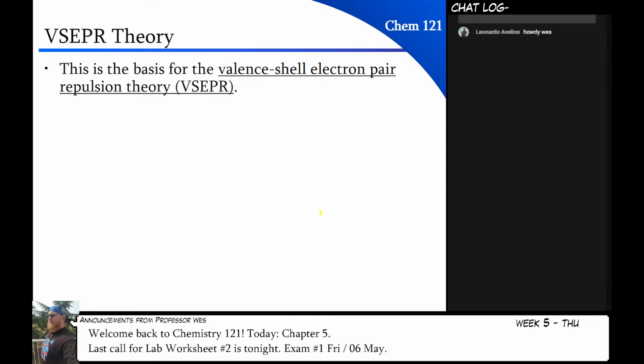All right, and so this is called VSEPR theory, or valence shell electron pair repulsion theory. Now, what the heck does that mean? You actually know all these words, believe it or not. Valence shell means that we are using valence electrons. Electron pair means what it says: electrons occur in pairs, either in a bond, which is 2 electrons, or a non-bonding pair, which is 2 electrons.